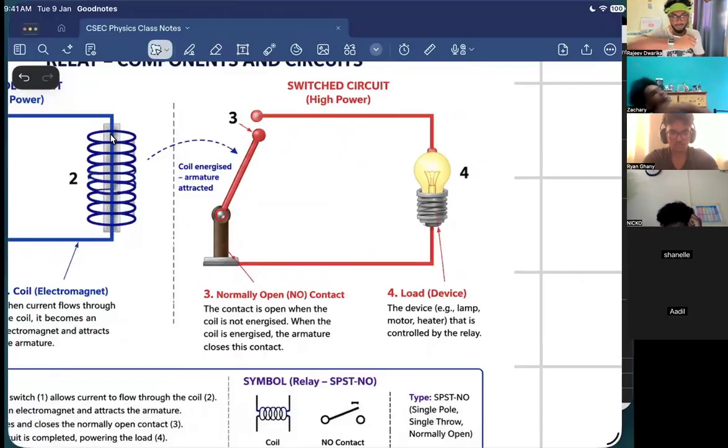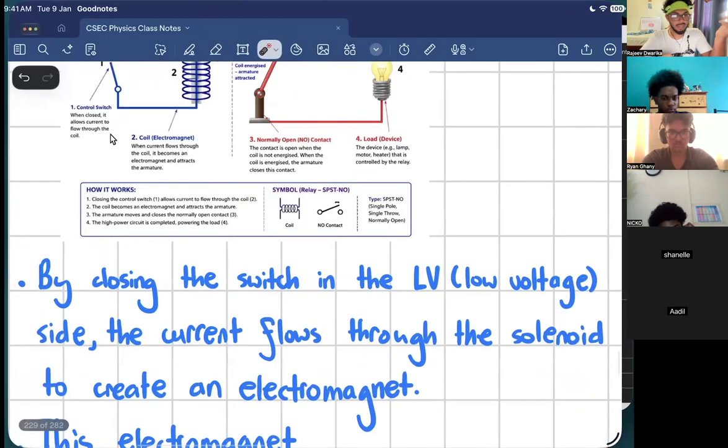So Nikolai, what do you think we call this? What's the proper name for it? A switch. An armature. It's an armature. It's acting like a switch, but the specific name for that is an armature.